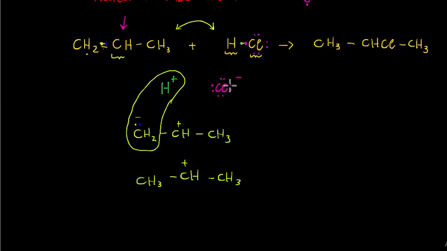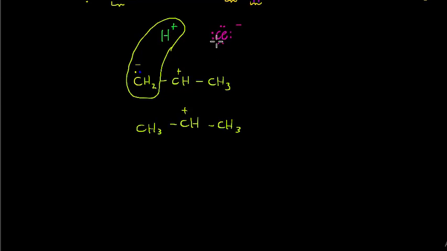So the likelihood of these two now interacting and then sharing this additional electron that chlorine got from hydrogen is very high. And then what we would have is our carbon CH3, and here we would have our CH, but the chlorine will now also share his extra electron to form a bond, and then CH3.